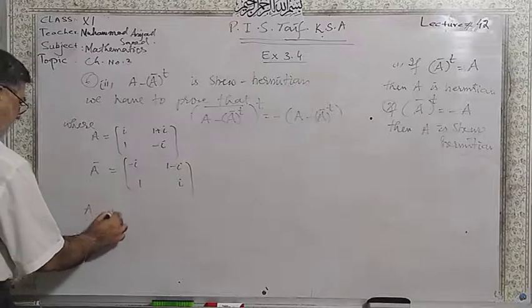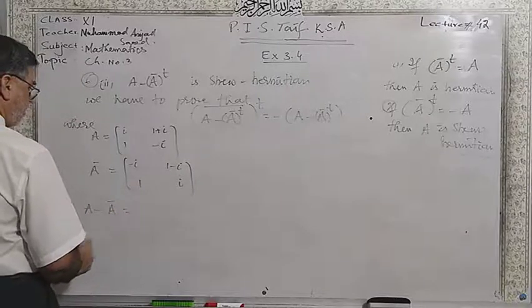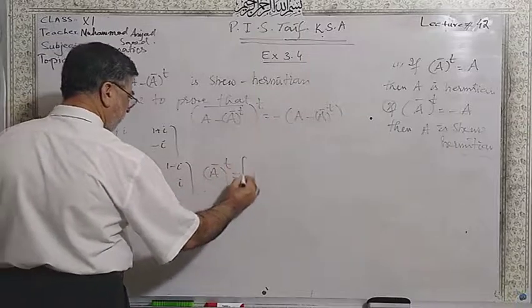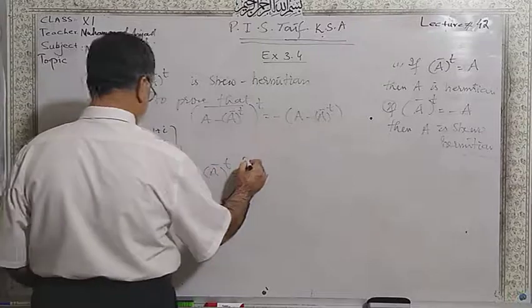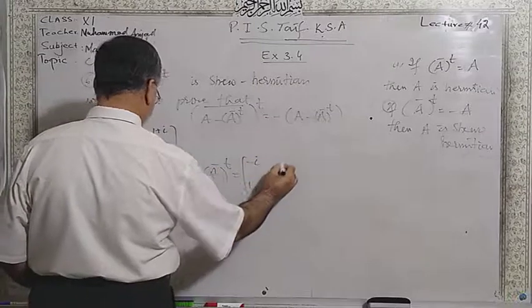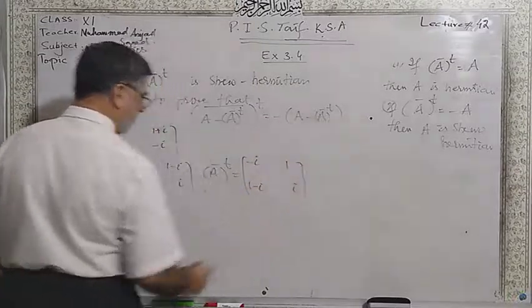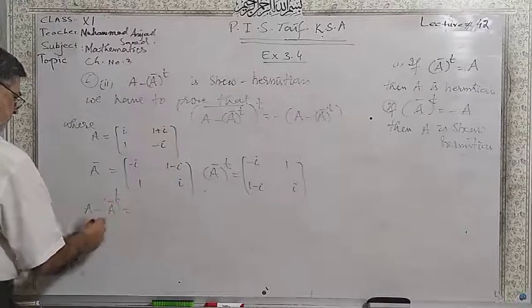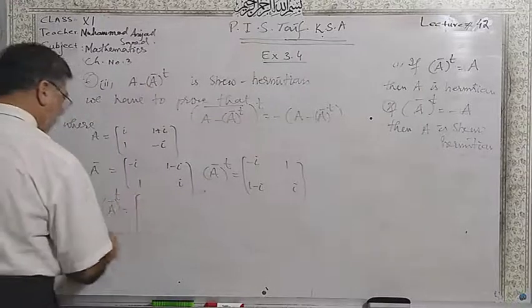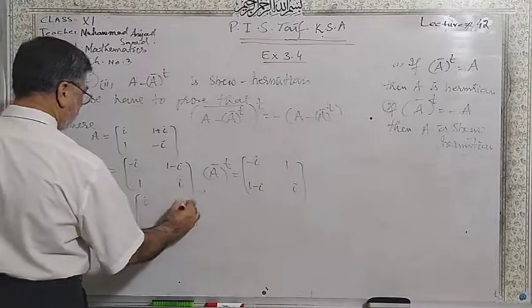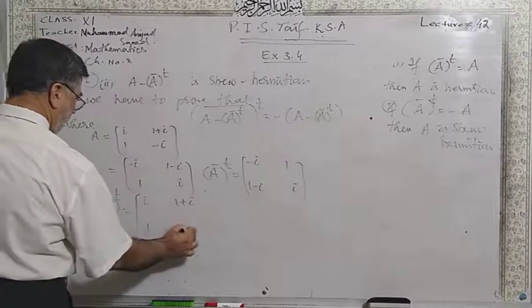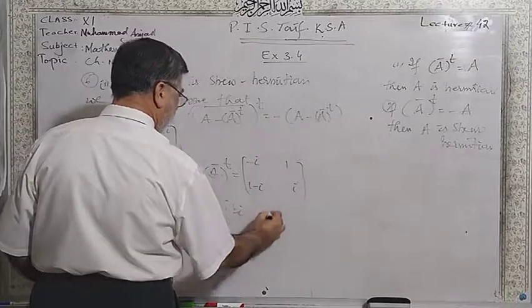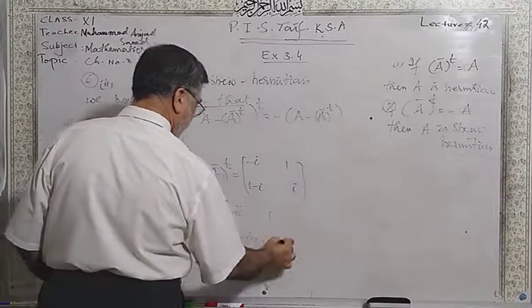Then A minus A bar. After that you will take A bar transpose, meaning interchanging rows into columns. First row becomes first column, second row becomes second column. So here we will write down A minus A bar transpose.